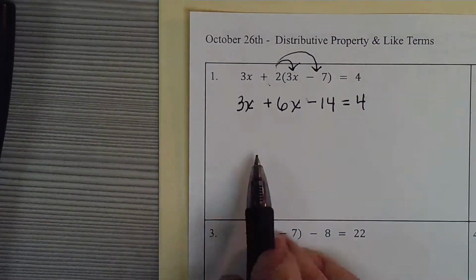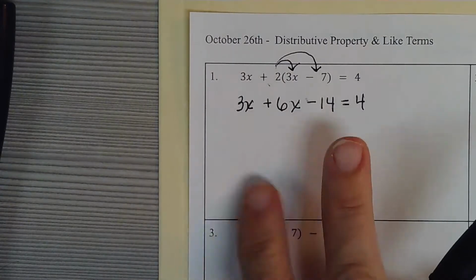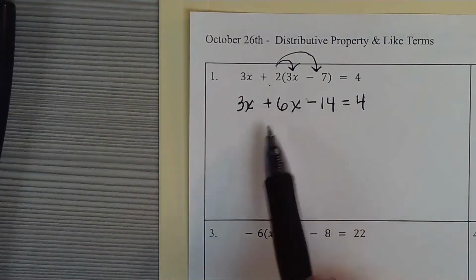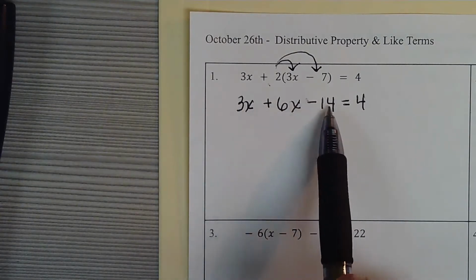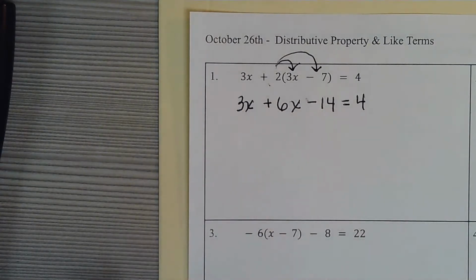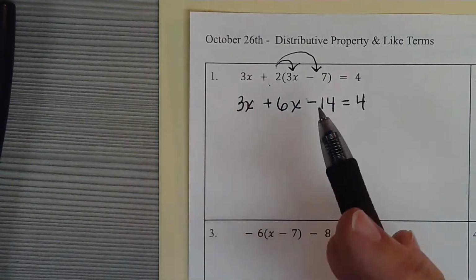Step 2, do you notice how there's a lot of stuff going on over here? Okay, usually we just have like 2 things. We only have one plus or minus sign. But on this one, we have 3 terms. So now we want to combine like terms. Like terms have exactly the same variable, and if the variable has exponents, then the exponents are the same.